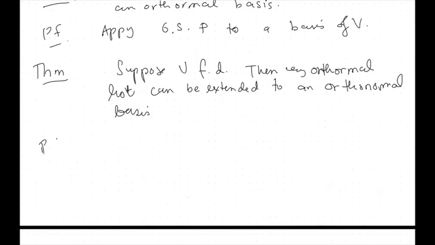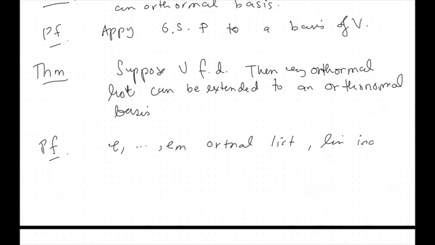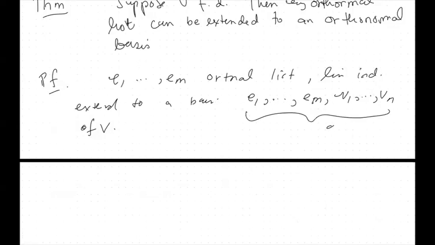I will quickly write the outline of the proof here. It's as follows. We have E1 to EM, an orthonormal list. Of course, they are linearly independent. So extend to a basis. You have E1 to EM, and then V1 to Vn of the vector space V. Now we have a basis.